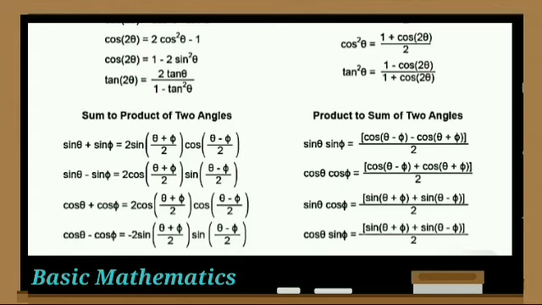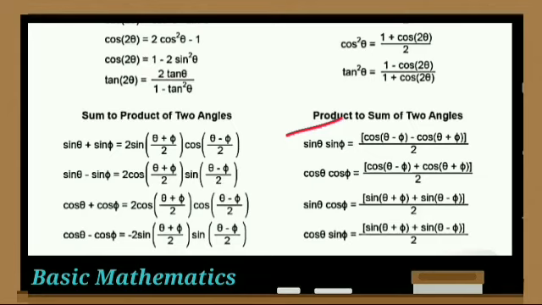Now move further. Sum to product of two angles. What is the meaning of sum to product of two angles? As we have seen before, we add two angles to each other, but in these we add two different functions to each other.